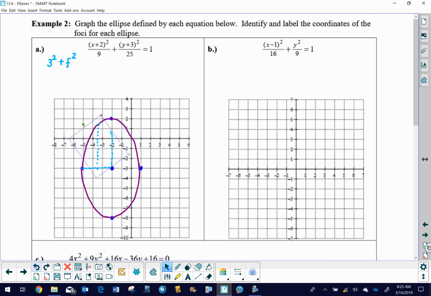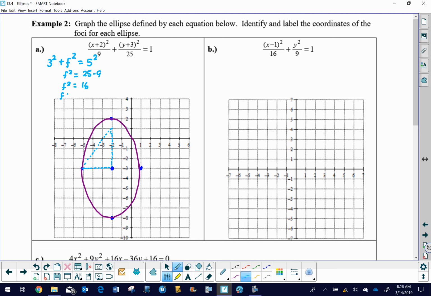So, I'm going to move this guy back to where it was. We can set this equal to, in this case, 5 squared. So if we solve for f, we would get 25 minus 9 being our f squared, which makes f squared equal to 16.